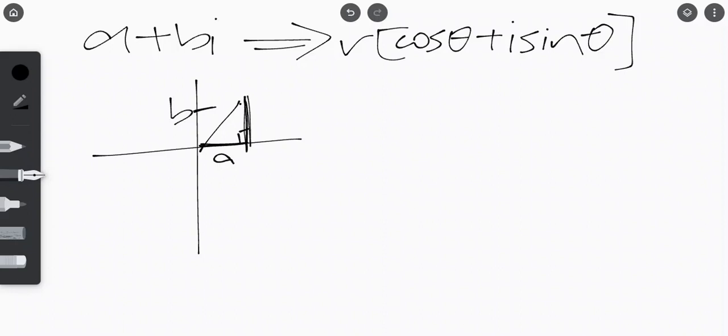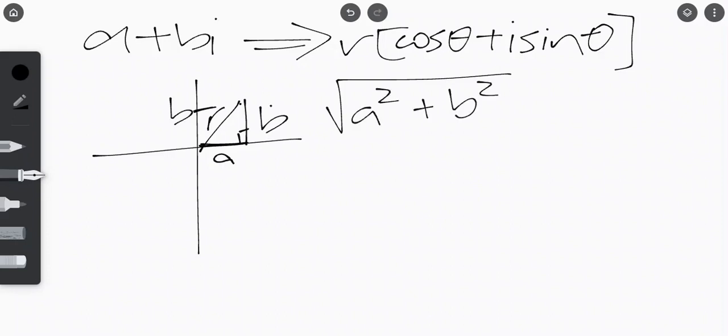This length right here would just be b, and this length right here, as we've said previously, is r, because it's just a distance away from 0. To find the length of r, we use the Pythagorean theorem: r is equal to the square root of a squared plus b squared. And now, how can we find this angle theta?